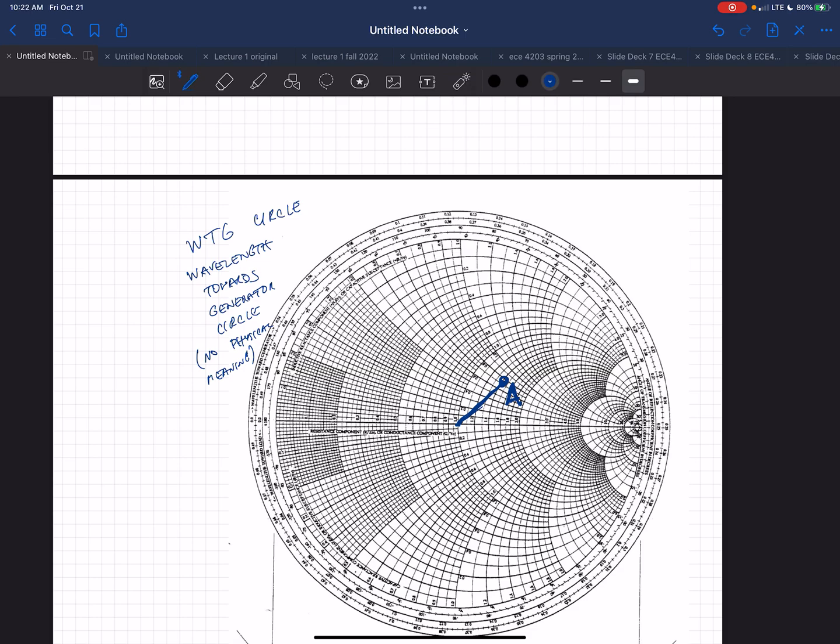I would extend the line of the OA along the same line, and read the value on the WTG circle.